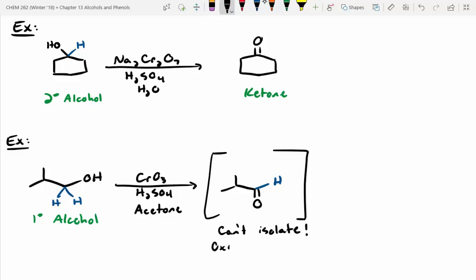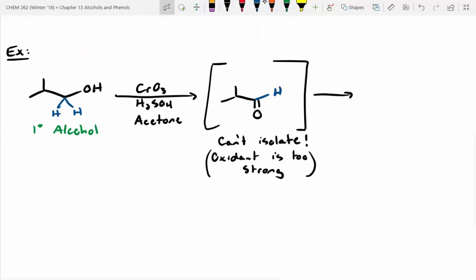And that's because your oxidant is too strong. Instead, what you're going to do is you're going to overshoot and go all the way to your carboxylic acid. Does that make sense?